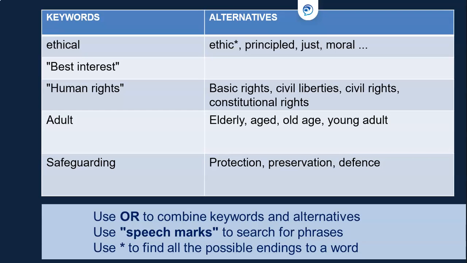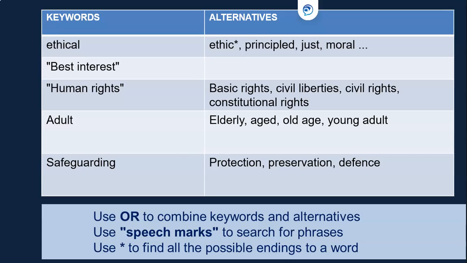When we're making our search strategy, we want to think about the alternative terms that could also be used. So, for example, ethical, you could use ethic, principled, just, moral, etc. Human rights could be something like basic rights or civil liberties, civil rights or constitutional rights.